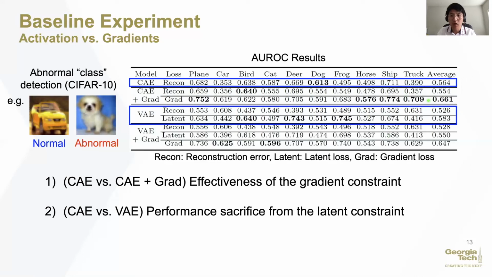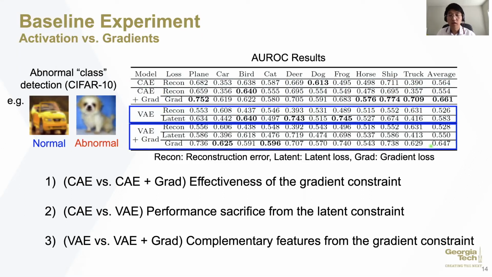Second, we compare the convolutional autoencoder and the variational autoencoder trained with the latent constraint. From the latent loss of VAE, higher average AUROC performance is achieved, but the performance of the reconstruction error from VAE is sacrificed compared to the reconstruction error from CAE. This shows that using a combination of multiple activation-based representations faces limitations in improving the performance.